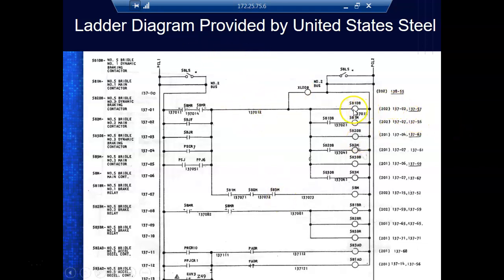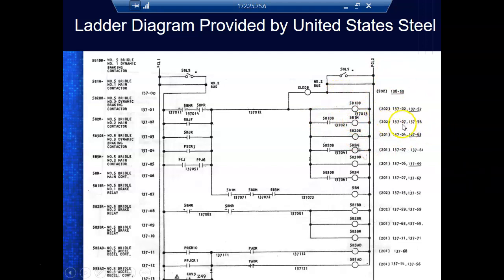So that says this relay has a contact in line 137.02. So I'm going to come at 137.02, and I'm looking for a contact that has the same name. So there's the contact that's being controlled by that relay. So when I energize that coil, that contact closes. And when that contact closes, it's going to energize 5B1M.